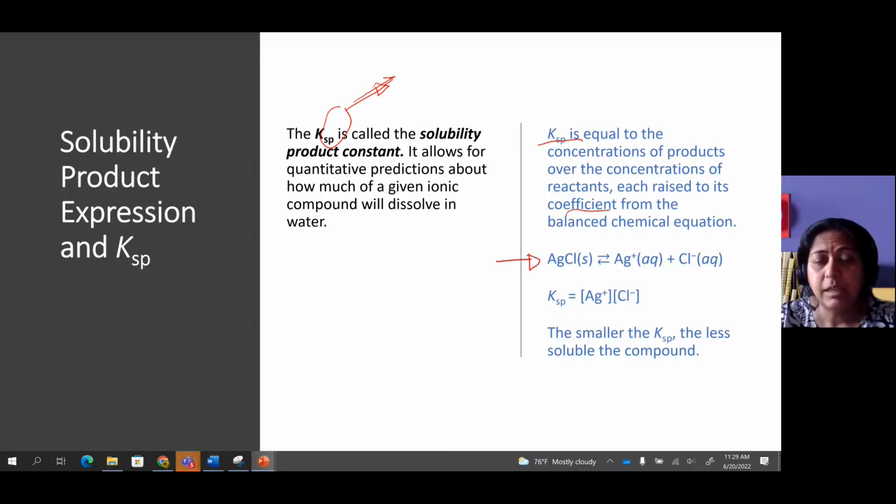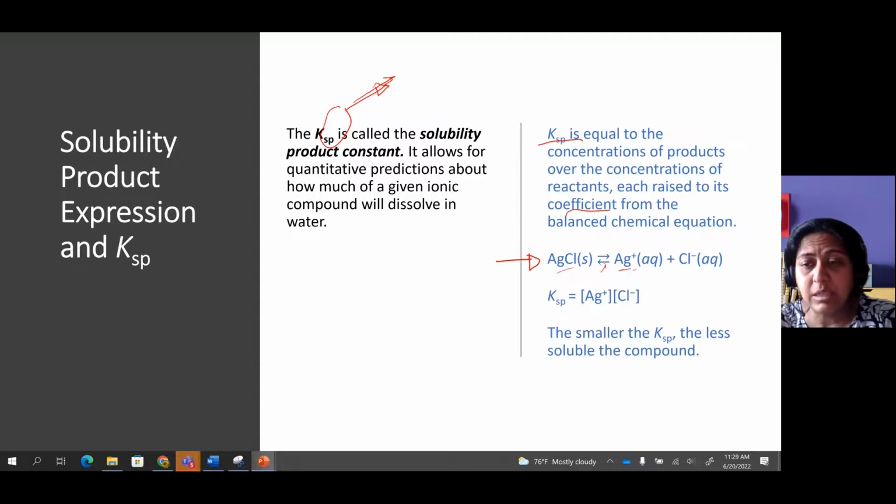Let's talk about how we can write the Ksp for this equilibrium. This is the dissolution of silver chloride in water. It is a slightly soluble compound, so it makes an equilibrium.